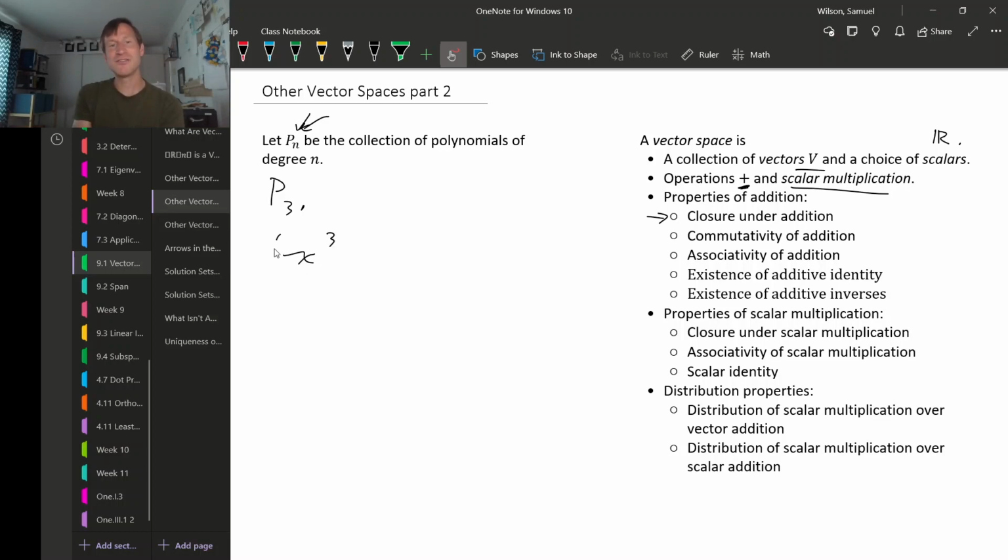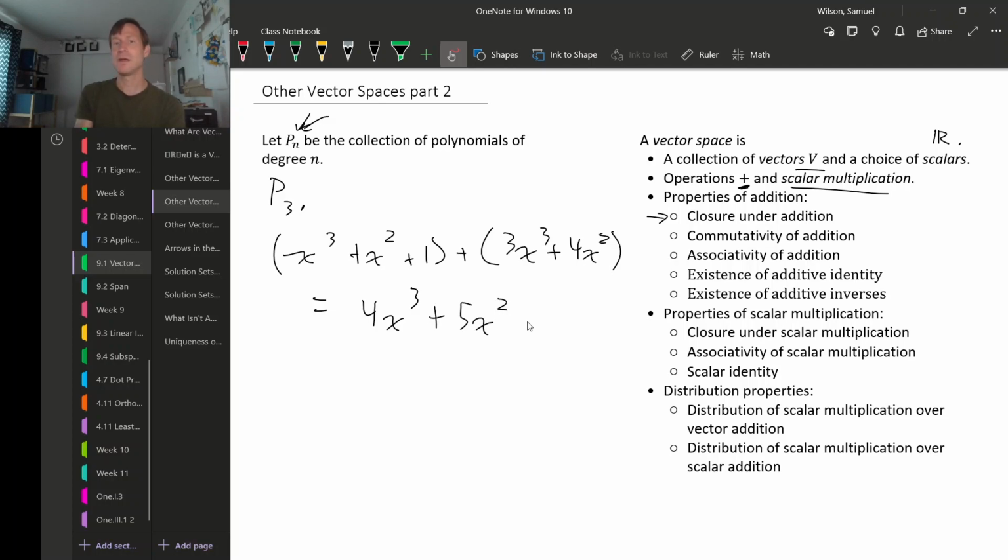If you have one polynomial of degree 3 and you add to it another polynomial of degree 3, something like this, do you get yet another polynomial of degree 3? Well, in this example, yes. But remember, we have to think about every possible two polynomials that we add together.